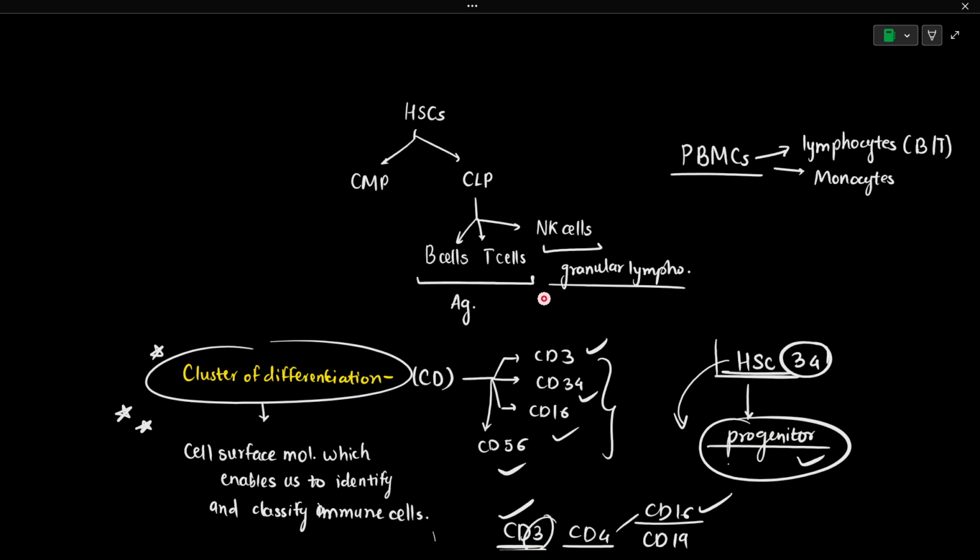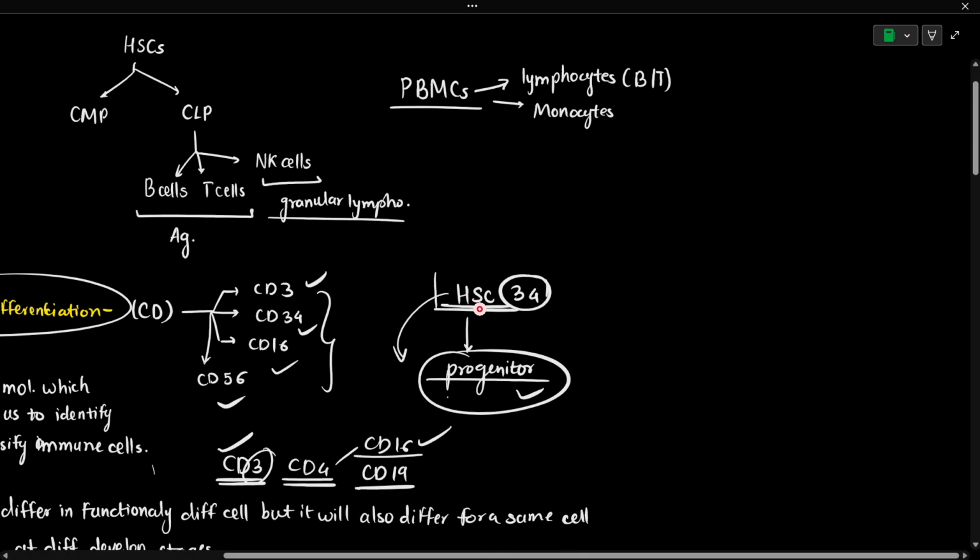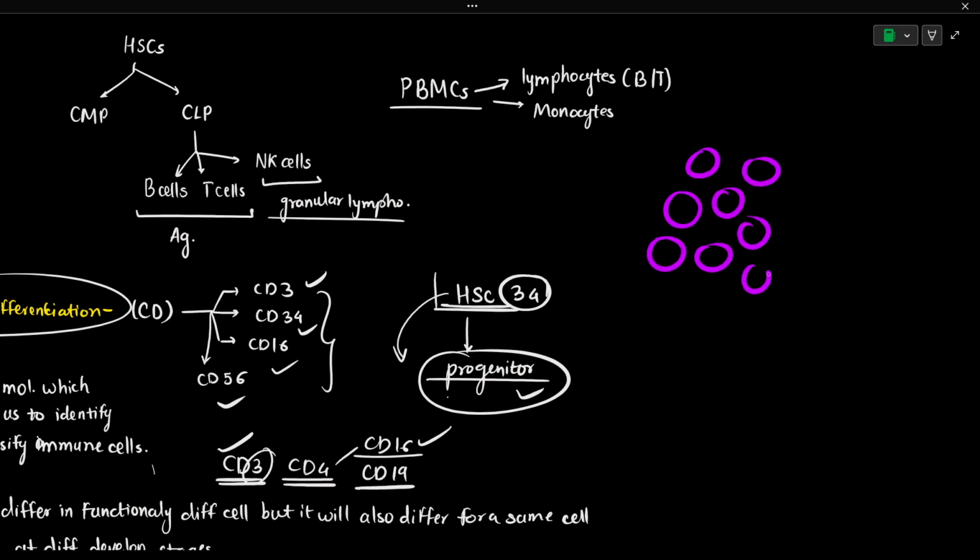But these NKT cells, we cannot really categorize them into innate immunity or adaptive immunity, because this is a subtype which resembles both of those cells. So they have the cell surface receptors for the NK cells as well as for the T cells. So whenever in the population of the immune cells, let's say these are a few cells, okay, and you really don't know which type of immune cells those are, then you go for the cluster of differentiation, the CD molecules that are present over the immune cells.